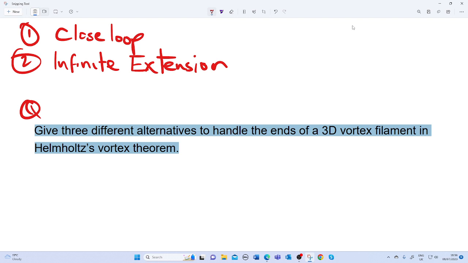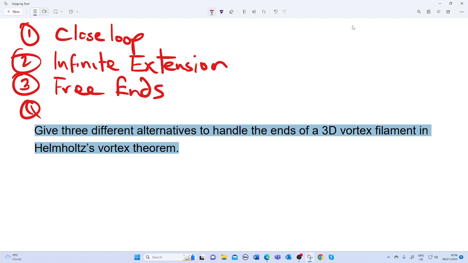The last but not least, which is the third alternative, is what we call free end. In this case, the Helmholtz vortex theorem is considering the free ends of the vortex filament explicitly.